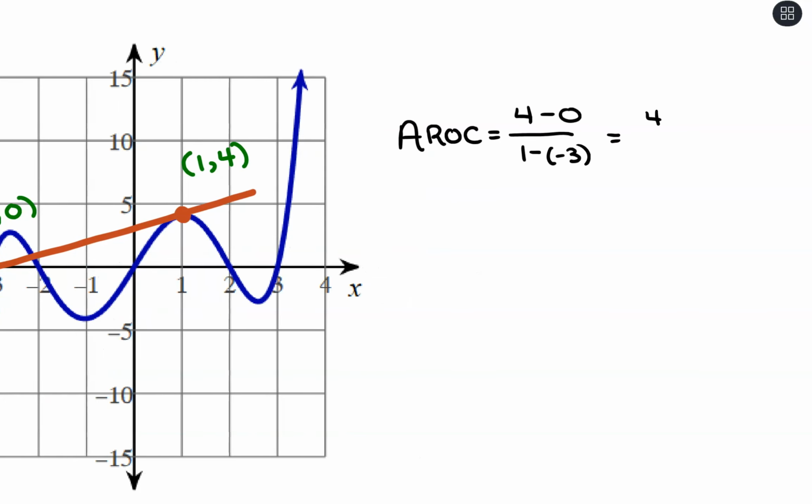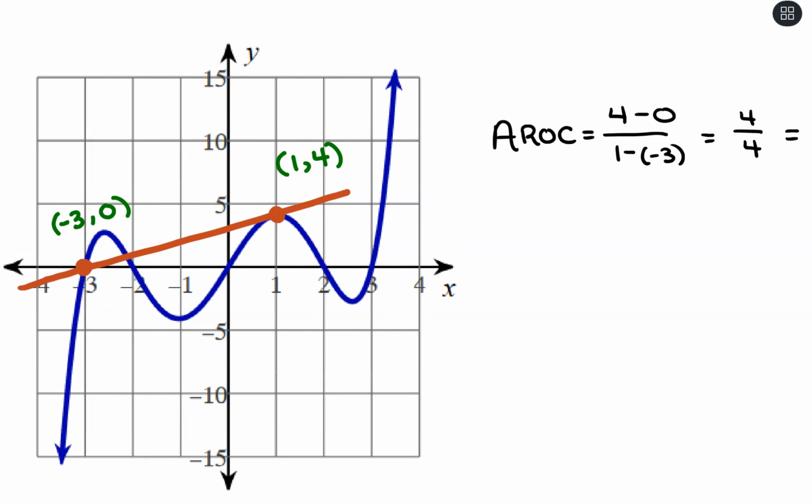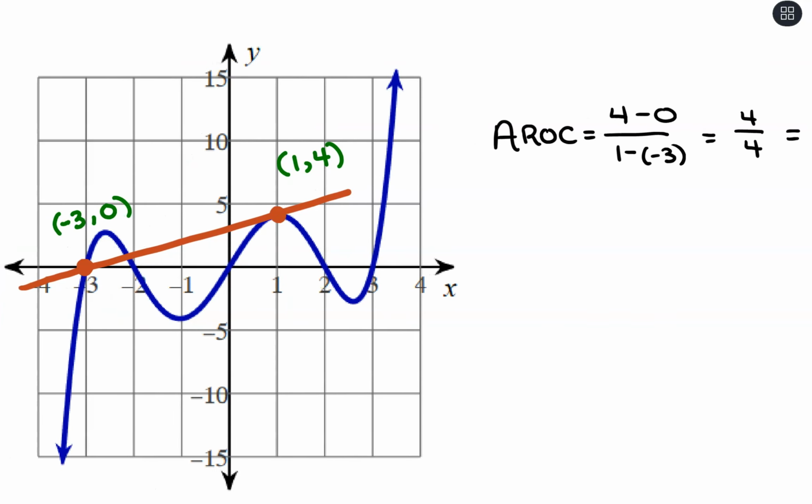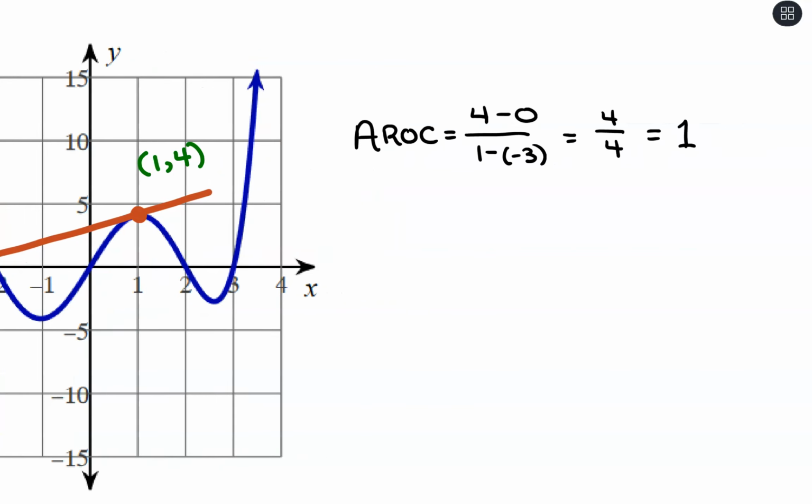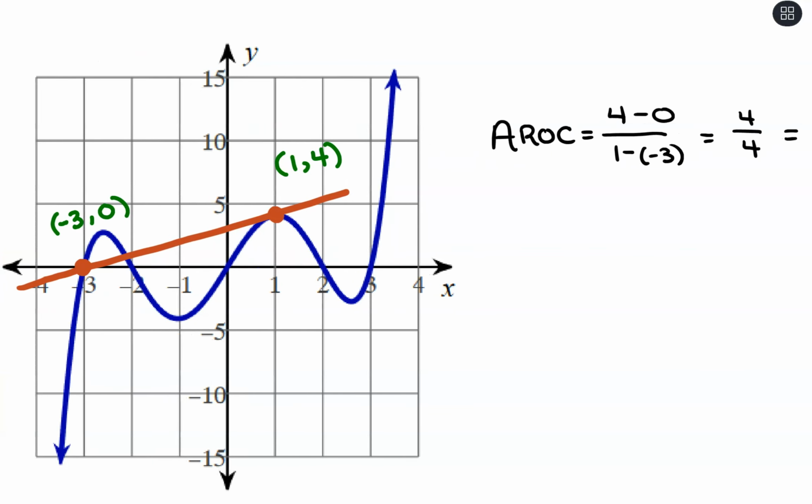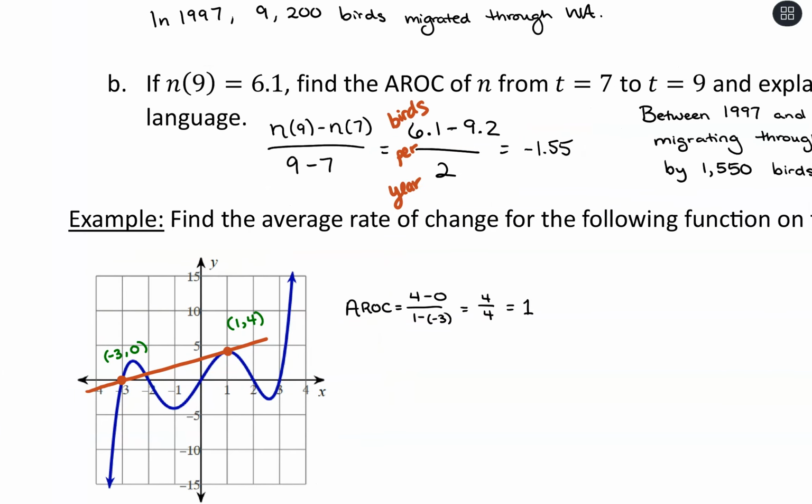That should be 4 over 4, which is equal to 1. That should be our slope of the line here, which is difficult to see because of the scale of the y-axis being in 5s. But if we had a nice 1-by-1 grid going, we should be able to see a nice slope of 1 for that red line that I drew there. So there are some different applications of average rate of change.